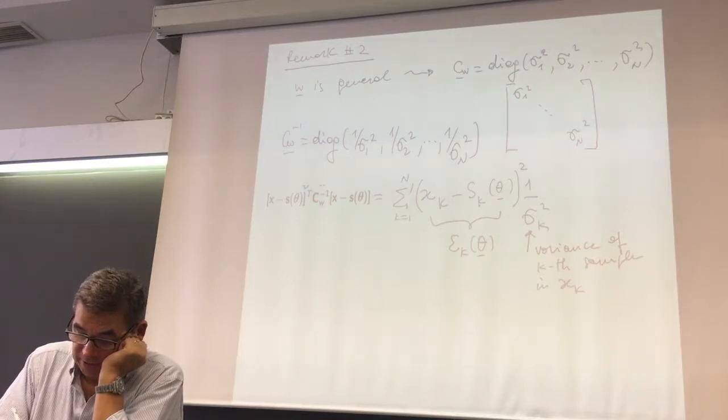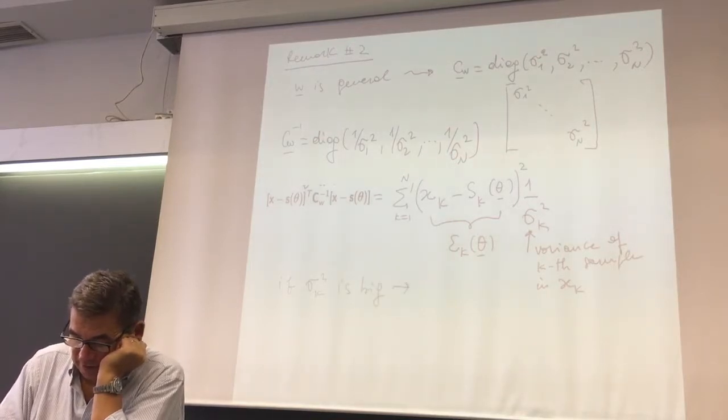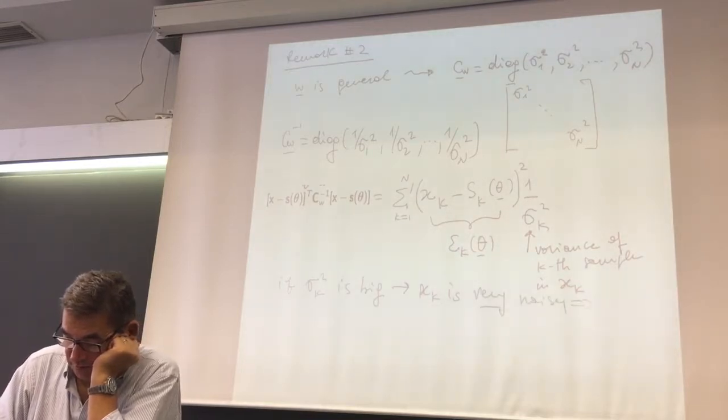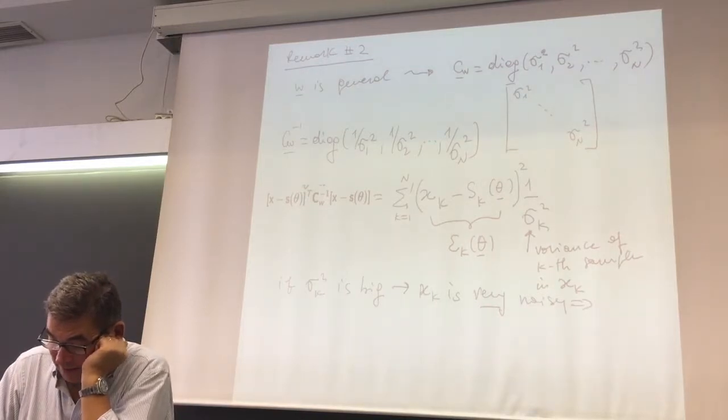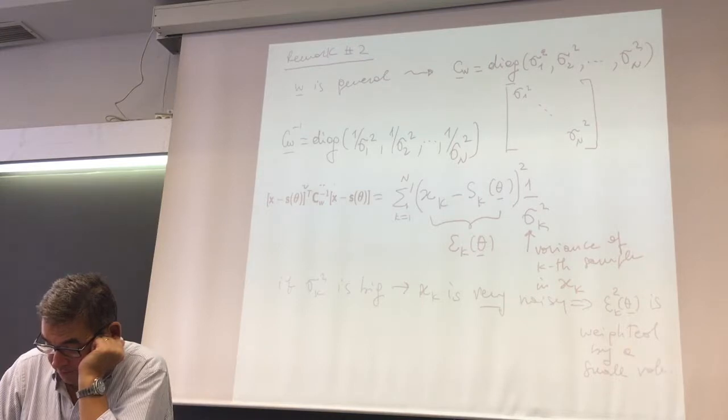To summarize, if sigma squared k is big, x_k is very noisy, and in the metric, epsilon k squared theta is weighted by a small value, which is 1 over sigma squared k.